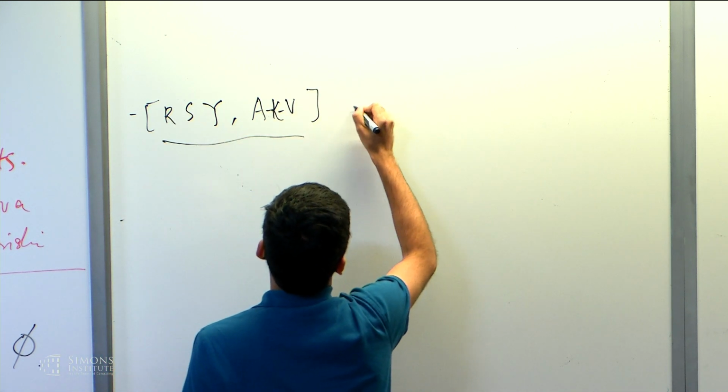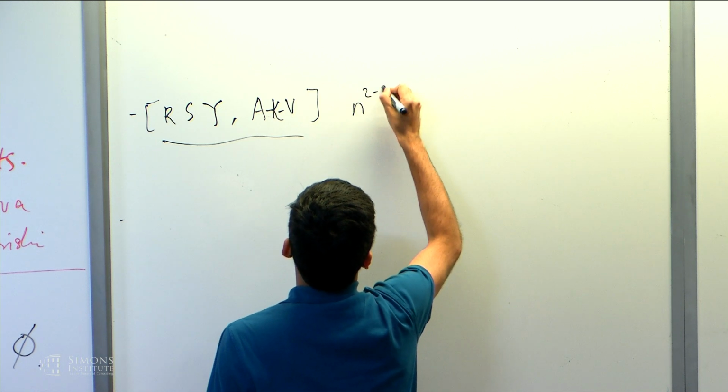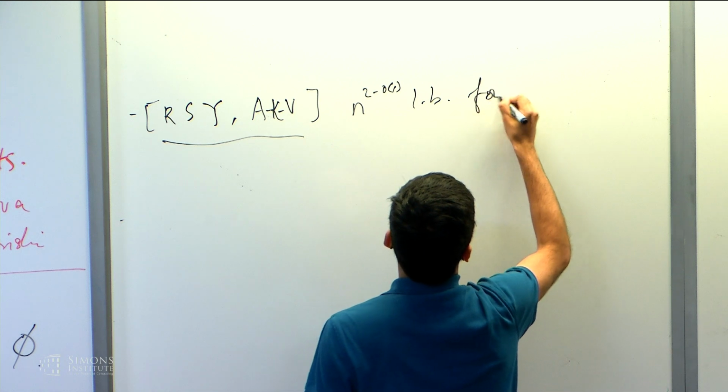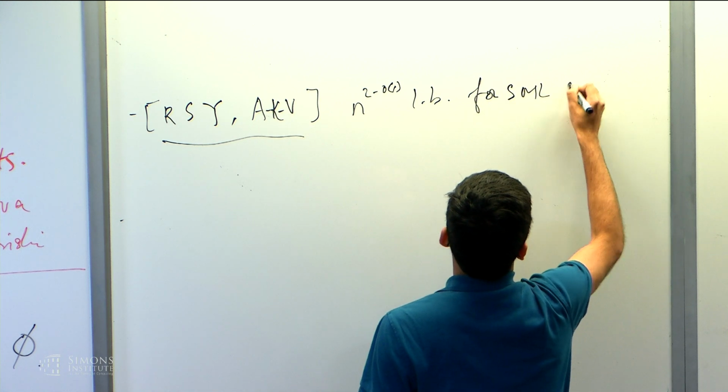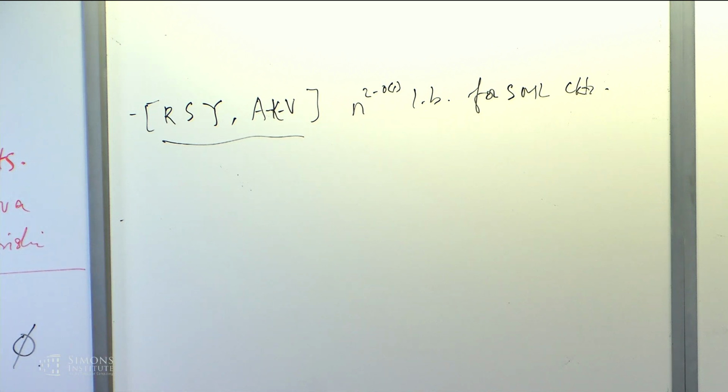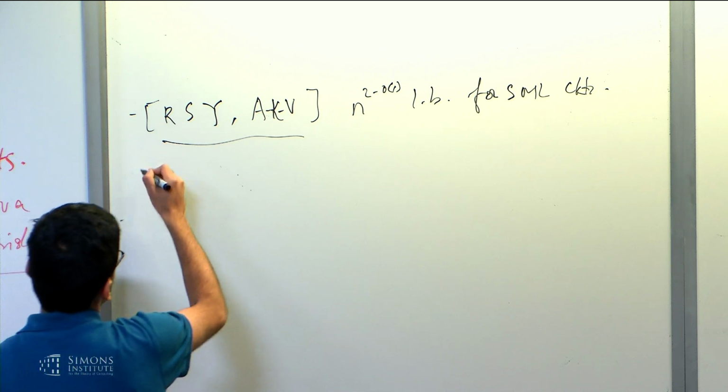So we know an n to the 2 minus epsilon lower bound for syntactically multilinear circuits. So what we know for them is a little bit better than what we know in general, which is not so much in any case. Okay, so what would be of interest for us would be this particular lower bound.